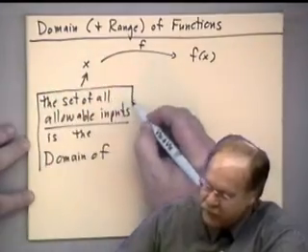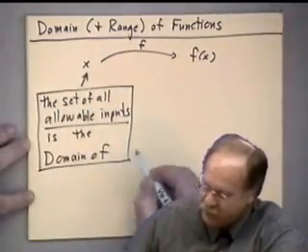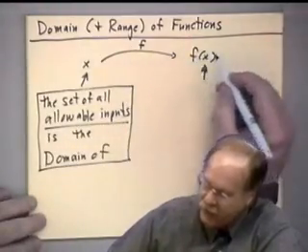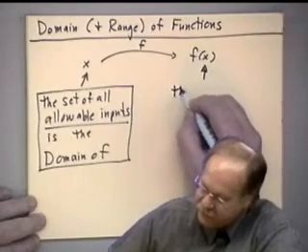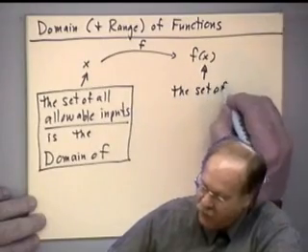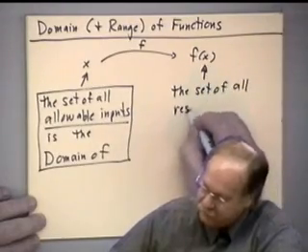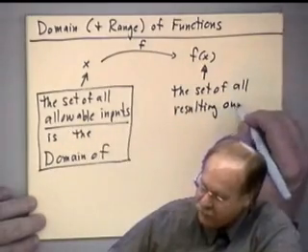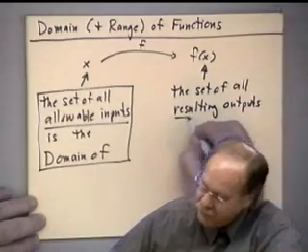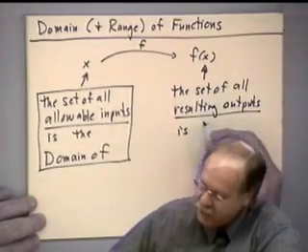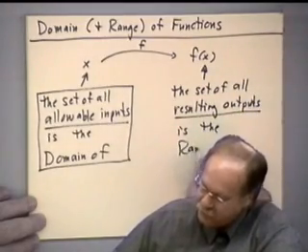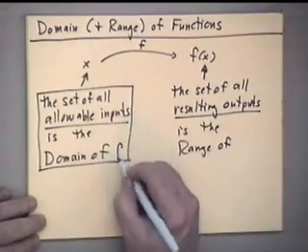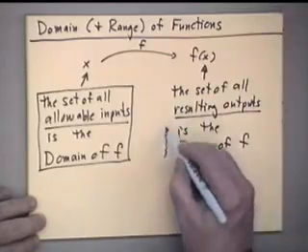So all the numbers that can be allowed into the function is called the domain of the function. And likewise, the set of all these f of x's, the set of all resulting outputs from these allowable inputs, is what we call the range. This is the domain of f, this is the range of f. There we go.